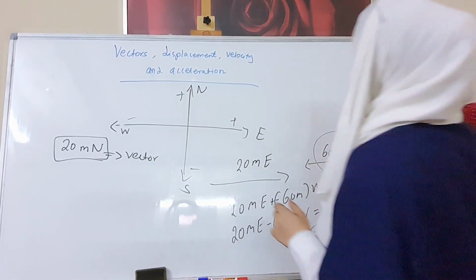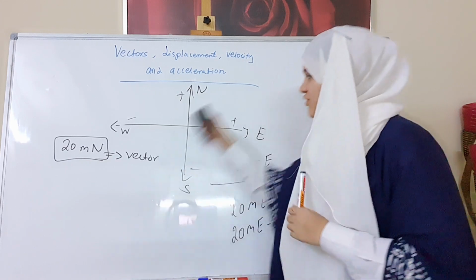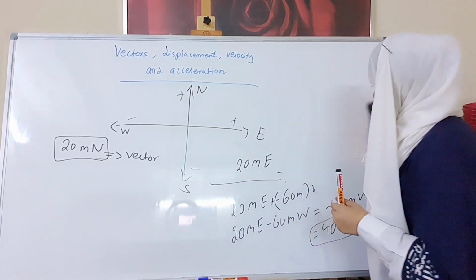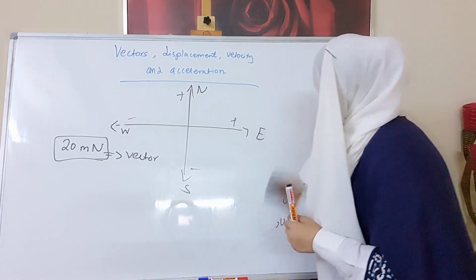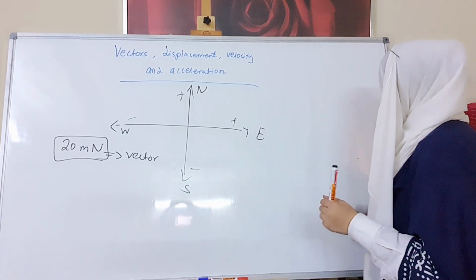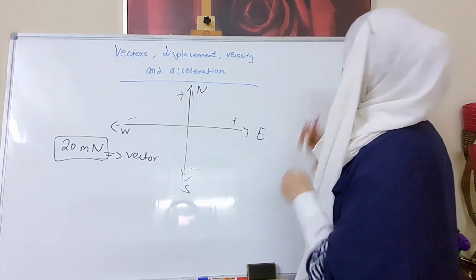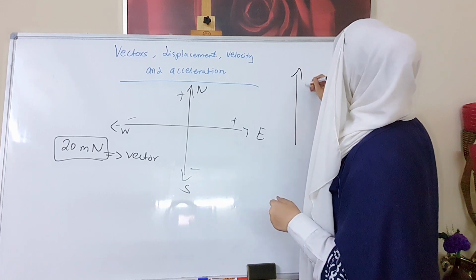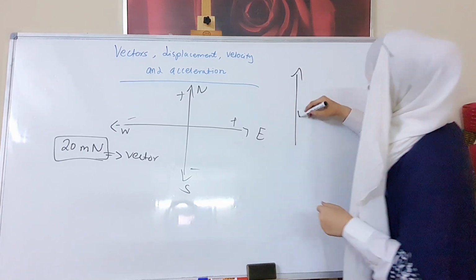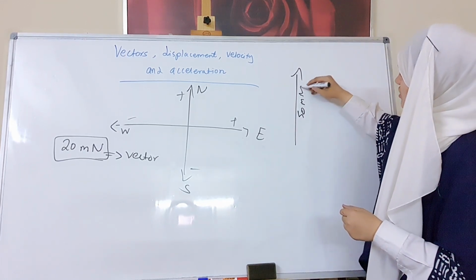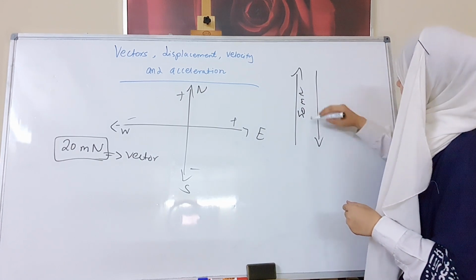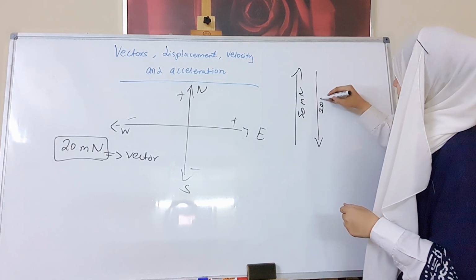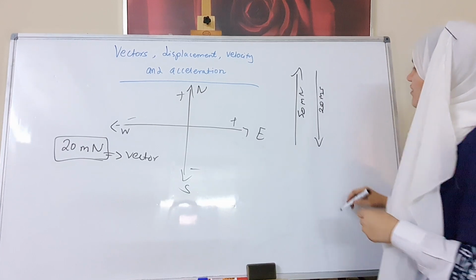Okay, so for west and east we already solved, but what about north and south? Let's say it's 50 meter north and 20 meter south, right?